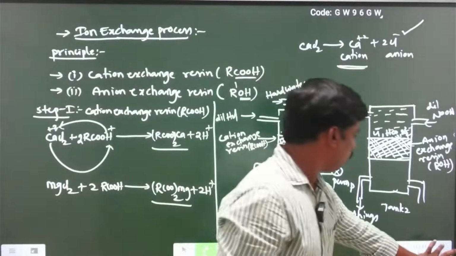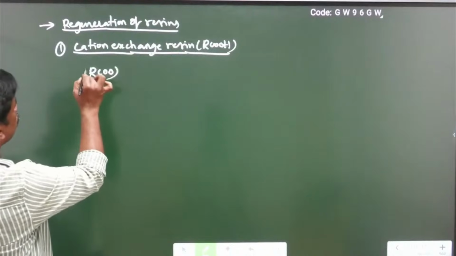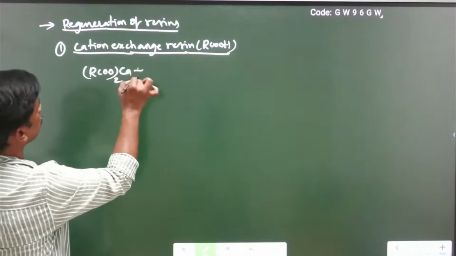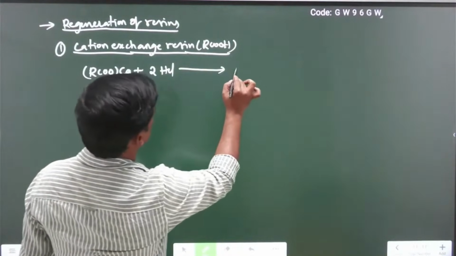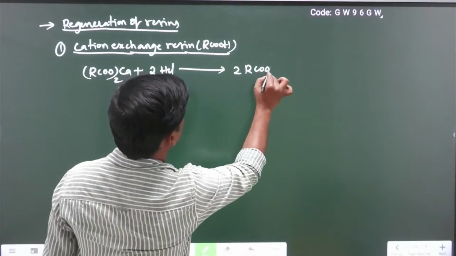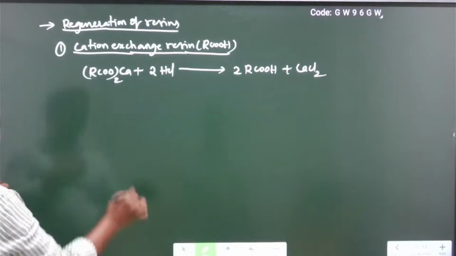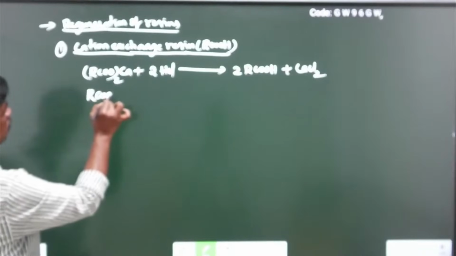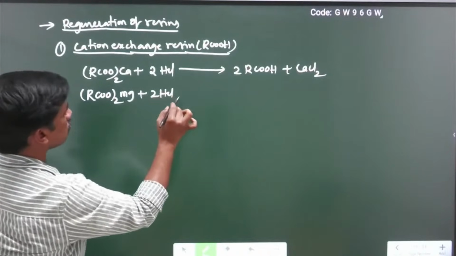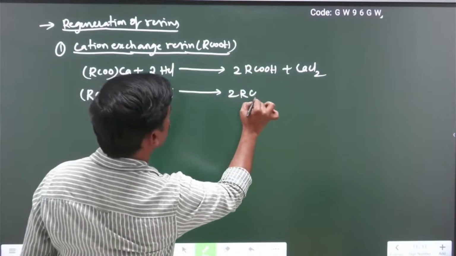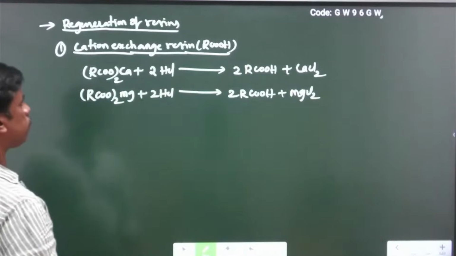I am showing the reaction. RCOO2Ca combines with 2 moles of hydrochloric acid to obtain 2 moles of RCOOH, remaining calcium chloride. In a similar manner, RCOO2Mg plus 2HCl gives 2RCOOH plus MgCl2.